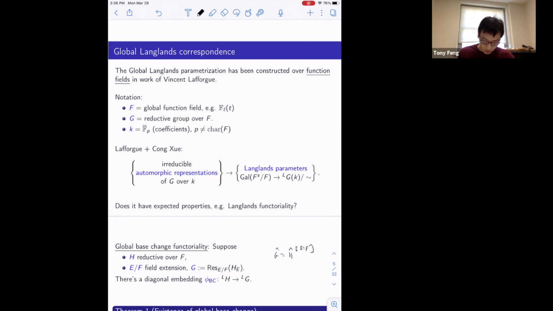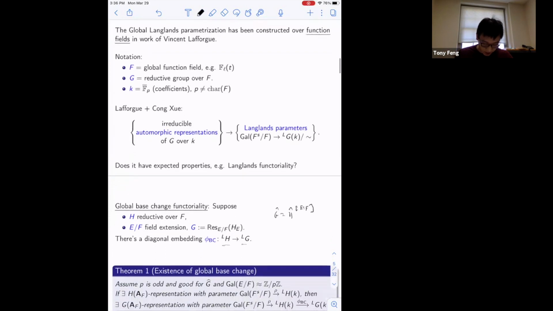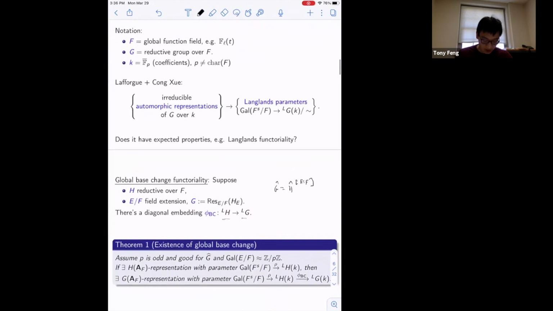We should work with L groups, which is an enlargement of the dual group which incorporates the Galois action. So there's a natural diagonal embedding of L groups, which extends the obvious one on dual groups. And the theorem guarantees existence of functoriality for this map.